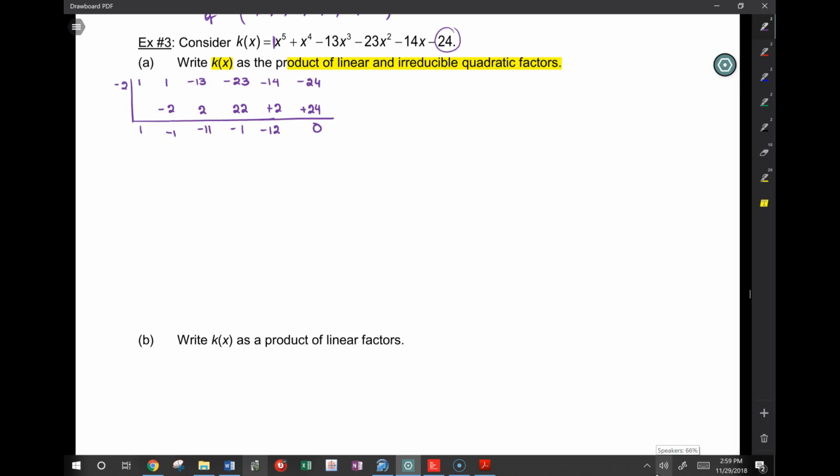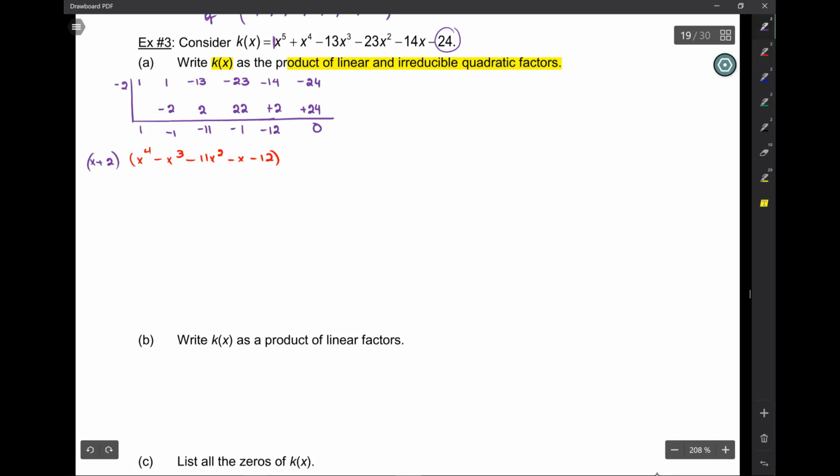Now we're good. So I have x plus 2, and then the depressed polynomial, x to the 4 minus x cubed minus 11x squared minus x minus 12 equal to 0. Oh my gosh. What about now? You do it again.